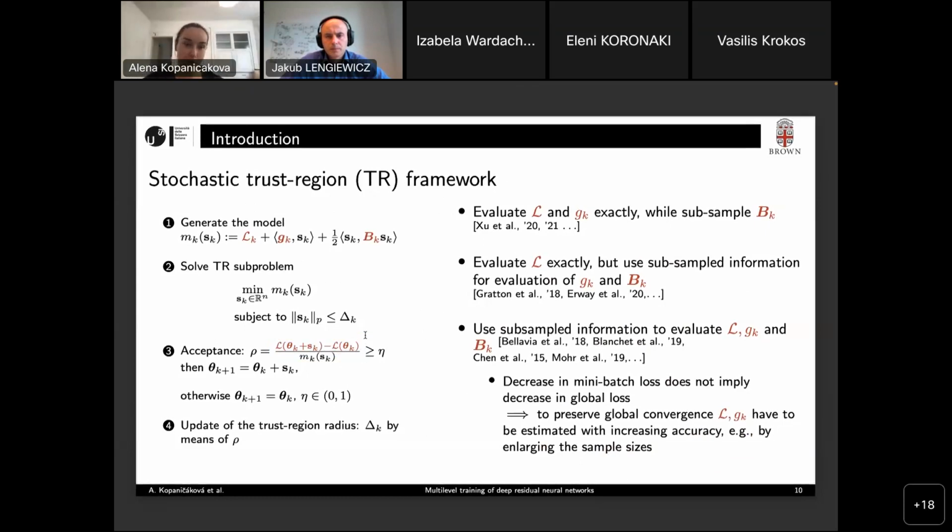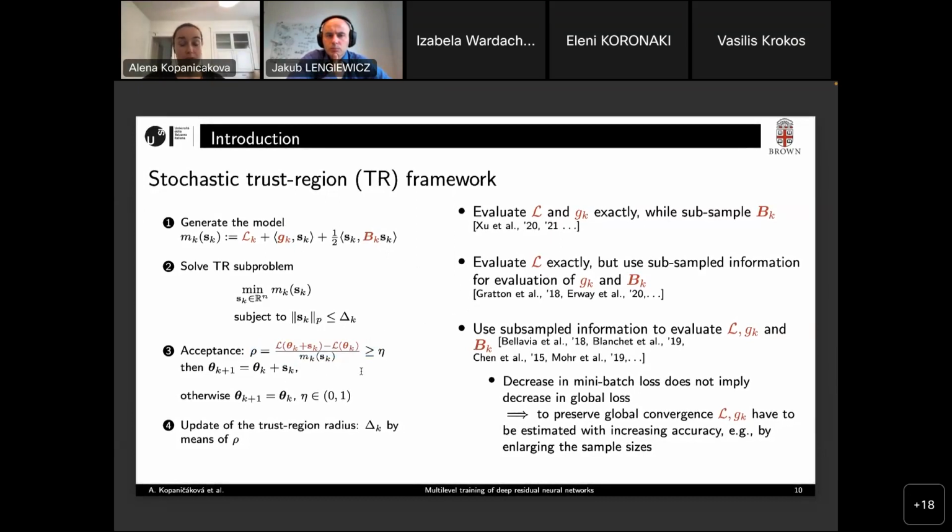As we saw in line search methods, we can use subsample information to evaluate the Hessian or Hessian approximation, and the same for gradients. But this will still not decrease the computational cost of our method deeply, and this is due to the evaluation of this trust region ratio.